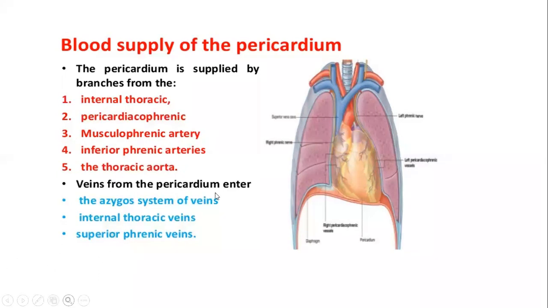written paper. So the pericardium is supplied by branches of the internal thoracic artery, the pericardiophrenic, musculophrenic, and inferior phrenic arteries, and the thoracic aorta.